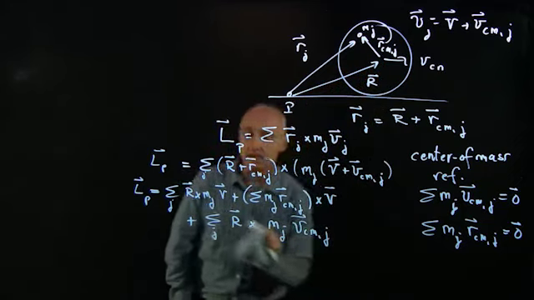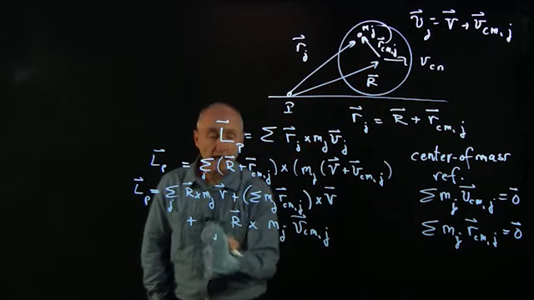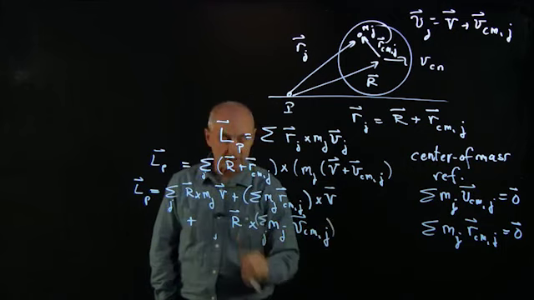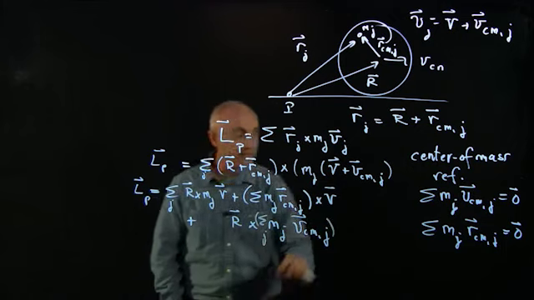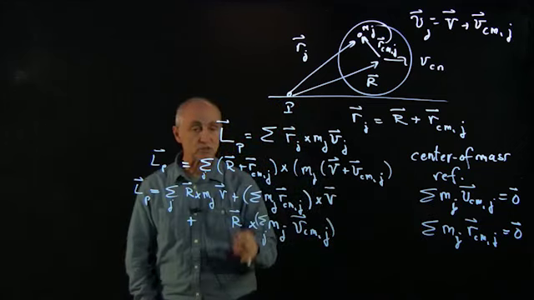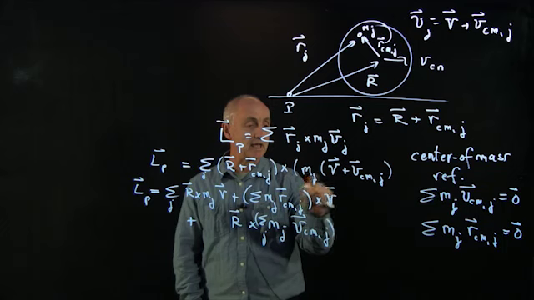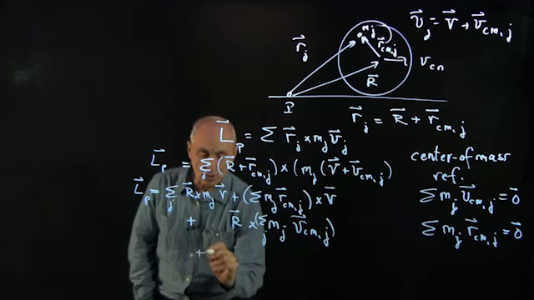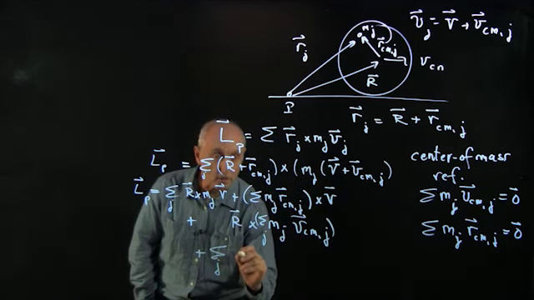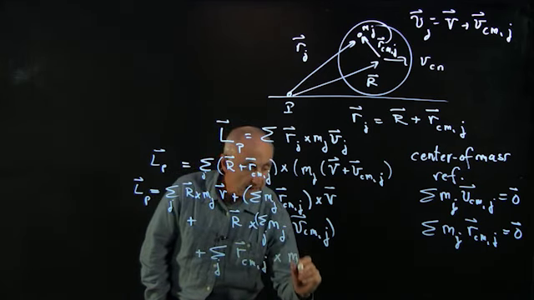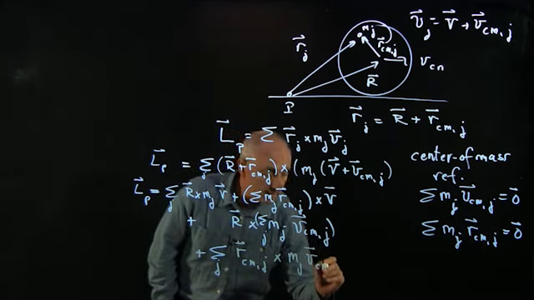So I didn't need to put the sum here. I can pull r out of the sum, and I have my sum like that. And again, you're probably noticing that this term is 0, and our final term is rcmj cross mj vcmj. So our final term is the sum of rcmj cross mj vcmj.